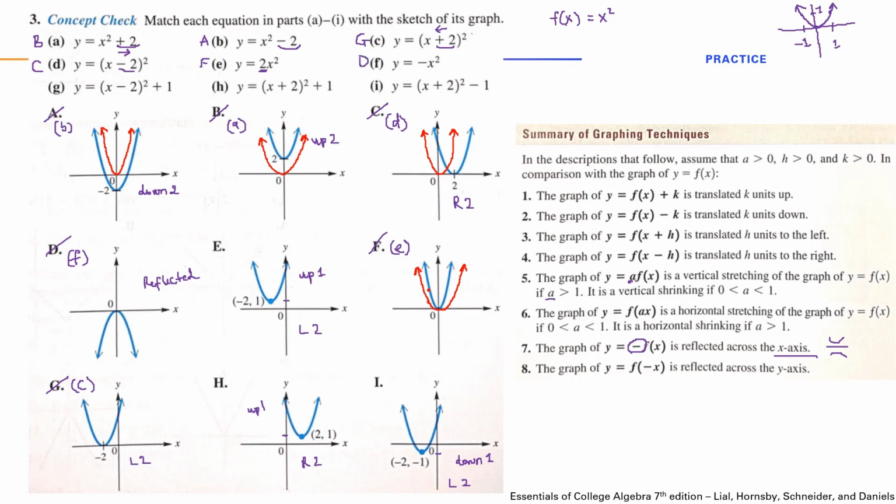Now G, we move to the right 2 units, then we move up 1 unit, up 1 and to the right 2 units. So H should be the right one.